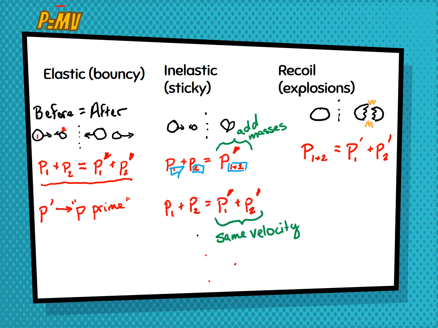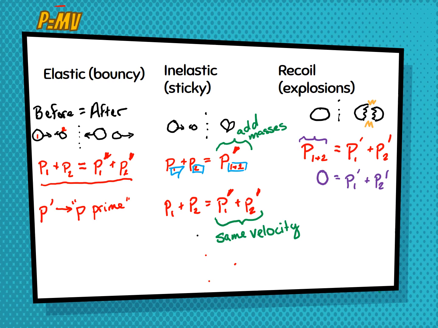And oftentimes this, especially if it's at rest, is 0. So we can also write P1 prime plus P2 prime equal to 0 if it was at rest before the explosion or before they came apart.